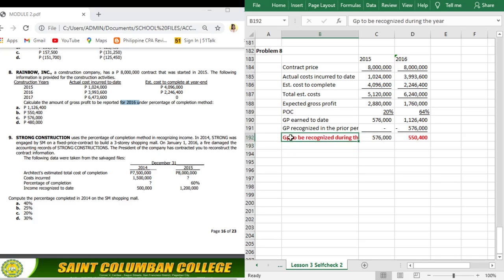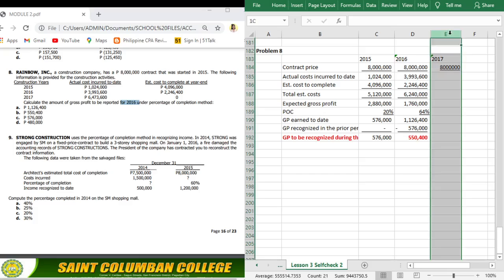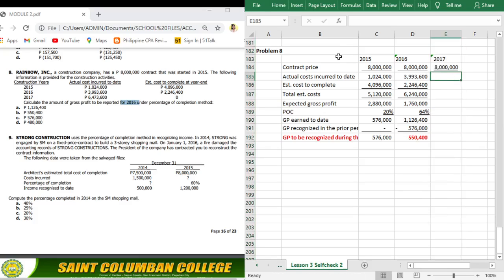Okay? So, class, although 2017 was not asked, to complete our table, let us compute 2017. So, for 2017, the contract price is still 8 million. Okay, I will change the format. Contract price is 8 million.